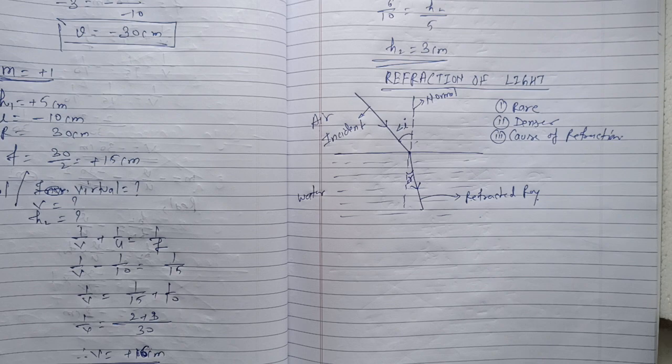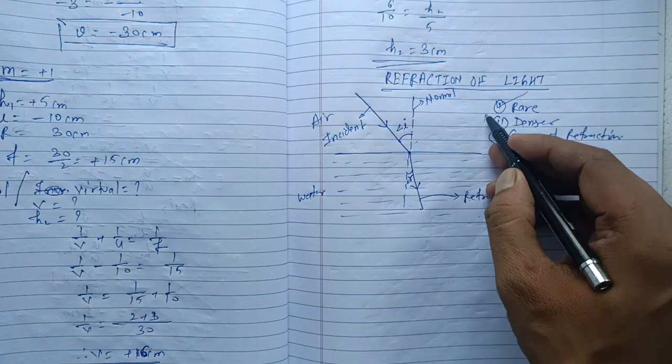But if you compare water and glass, at that time water is rare and glass is denser. So water is sometimes rare, sometimes denser, depending upon the other medium we are taking and with which we are comparing it. So I think you understood what is a rare medium and what is a denser medium.